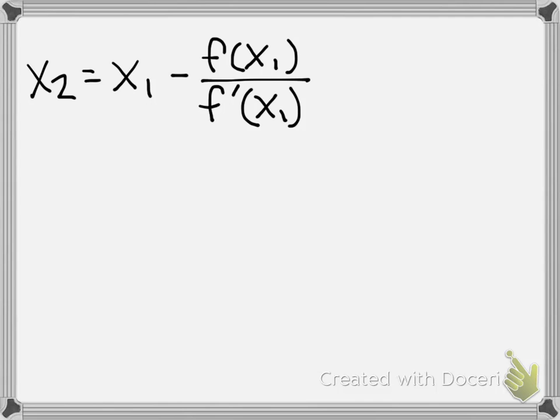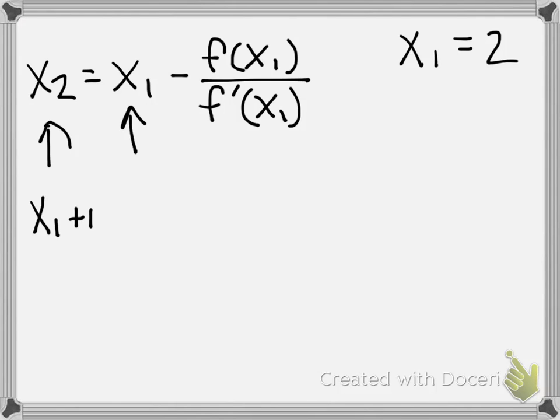Okay, so since we have our x1 right here, that is saying what we know or where we've been, and we were given that x1 is equal to 2, and we're trying to find x sub 2, which is x sub 1 plus 1.